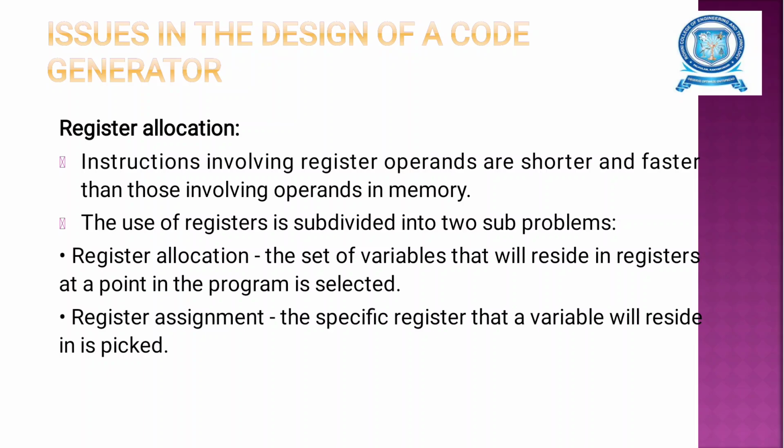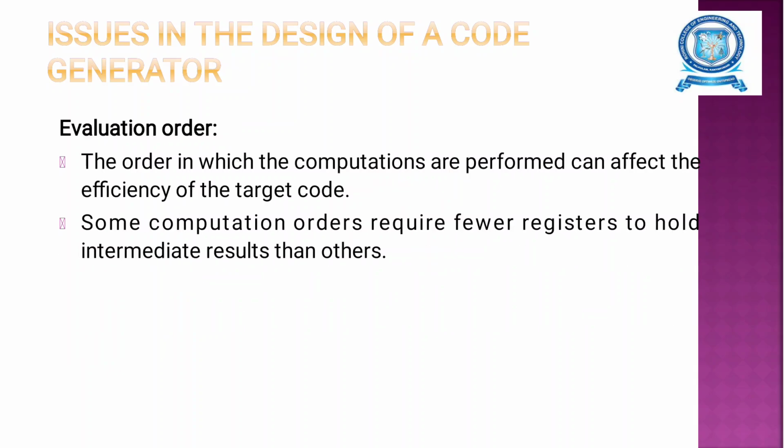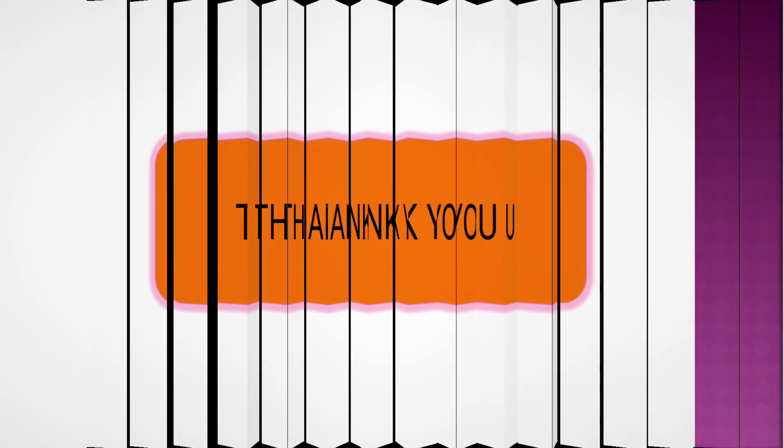Register assignment: the specific register that a variable will reside in is picked. And the evaluation order is the order in which computations are performed, and an effective order gives efficient target code. Some computation orders require fewer registers to hold intermediate results than others. Thank you.